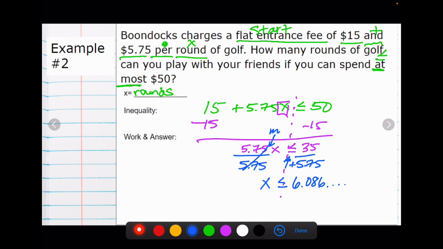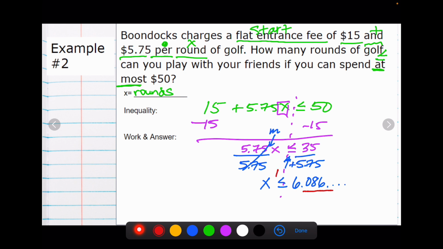I am talking about rounds of golf. Am I allowed to play part of a round, or do they only charge me by a full round? So it's only a full round. So here's my question. Do I have enough money to round this up to 7 rounds, or do I need to round it down to 6 rounds?